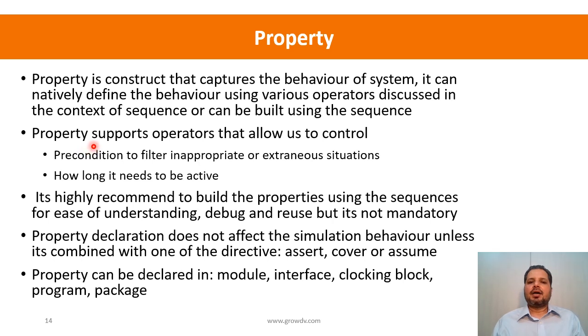The property also has its own operators, and the primary function of those operators is to act like a precondition to filter out inappropriate or extraneous situations that can happen in the sequence. So they provide some sort of validity to the sequence that we are using, and determine how long a particular sequence needs to be active or when it is going to become active.